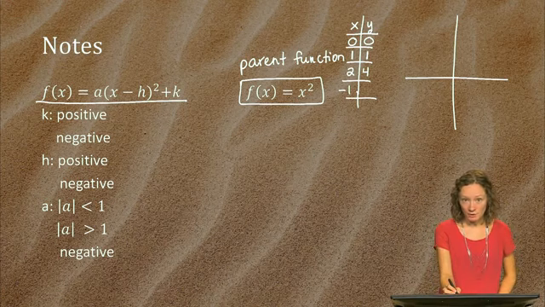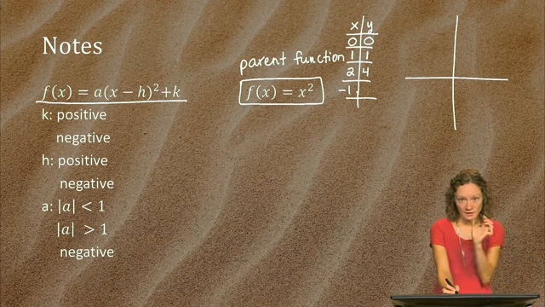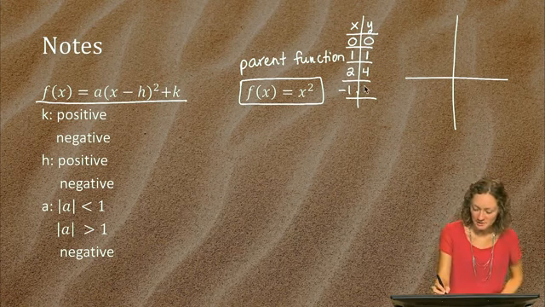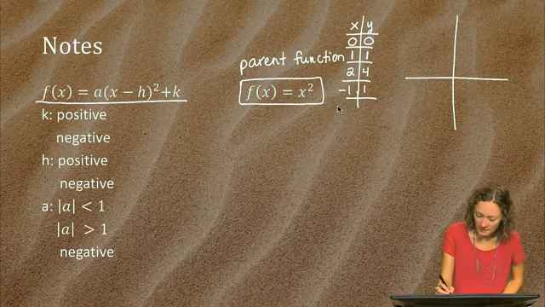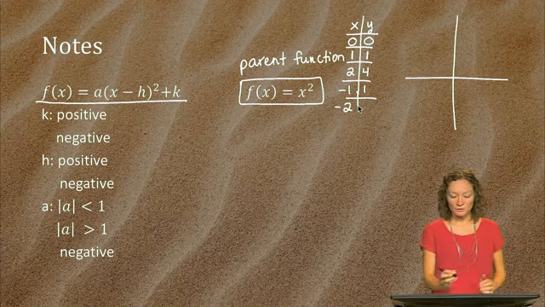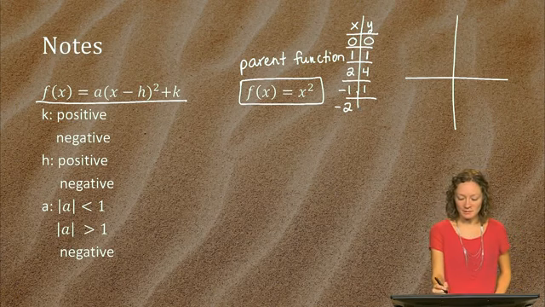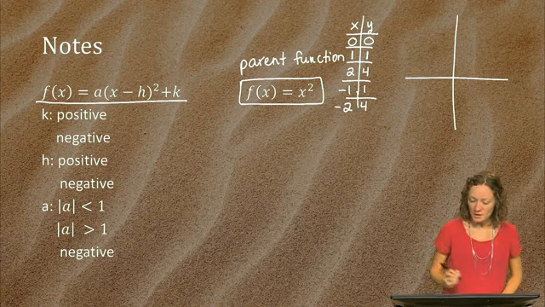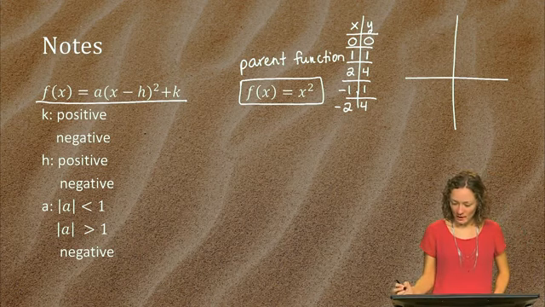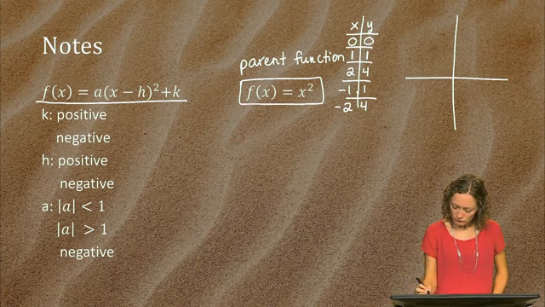If we plug -1 in, we have -1, quantity squared, is -1 times -1, which is positive 1. And then let's also go with -2 plugging in. -2, quantity squared, means -2 times -2, which is positive 4. So we have a good list of ordered pairs. Let's go ahead and plot those.